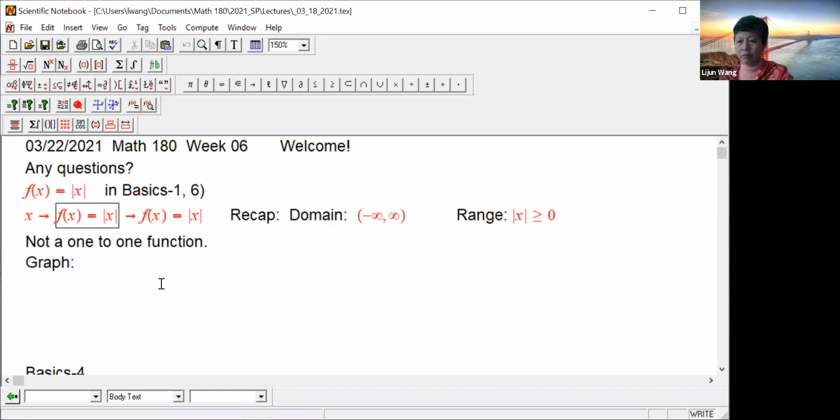What else? Do you have the graph? And we also have that narrative, don't we? The absolute value of a non-negative number is the same as the number. We did that, didn't we?